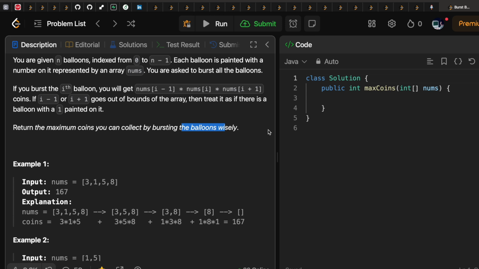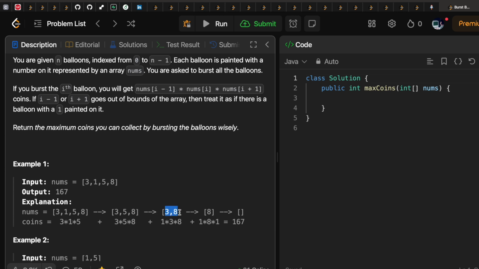The example is we are given these balloons. First we are bursting balloon 1, so the number of coins we get is 3 times 1 times 5. Now we don't have 1. Now we are bursting 5, so we get 3 times 5 times 8.